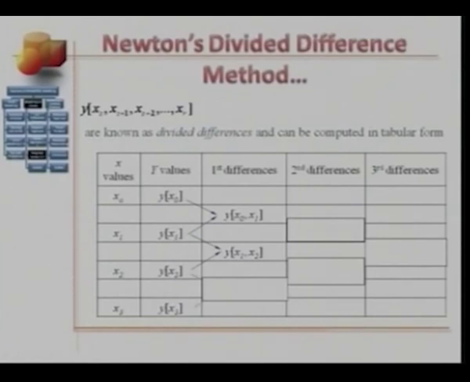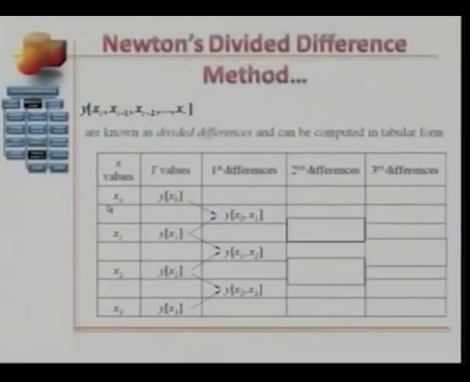How about the third one? Can you tell me what this is? You guessed it right. This is y of x2 and x3, and this is y3 minus y2 over x3 minus x2. What's next? How do we compute the second divided difference?